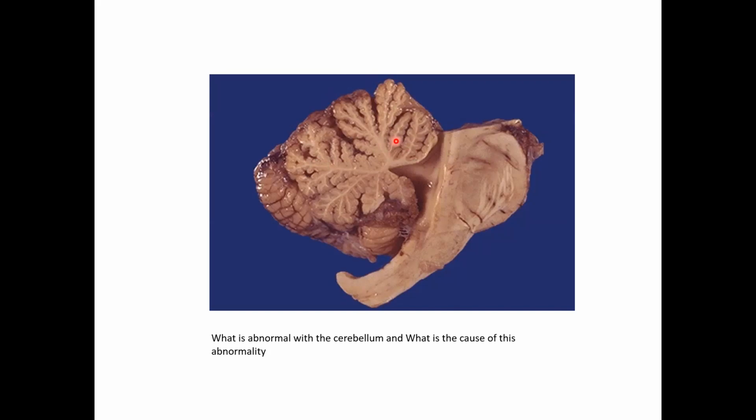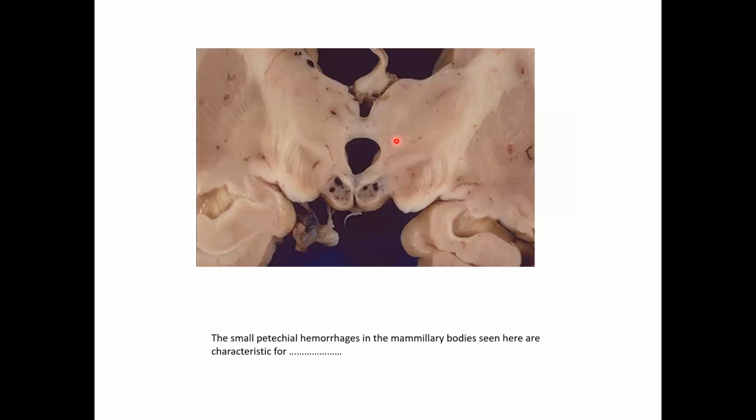If you remember حكينا chronic alcoholism بيعمل central pontine myelinolysis، بيعمل cerebellar atrophy، وبيعمل mammillary body hemorrhages. شايفين كيف؟ عندي mammillary body hemorrhage due to chronic alcoholism. So what is seen here is characteristic for alcohol related brain disease.